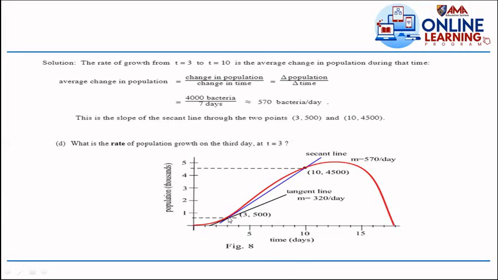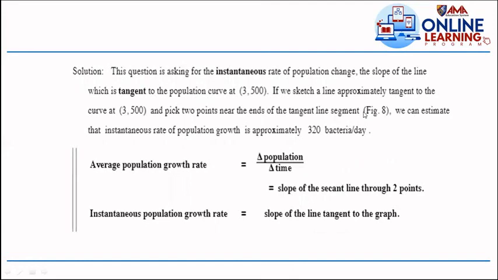Okay? Sabi dito, solution. This question is asking for the instantaneous rate of population change. The slope of the line which is tangent to the population curve at 3, 500. If we sketch a line approximately tangent to the curve at 3, 500 and pick 2 points near the ends of the tangent line segment, we can estimate that instantaneous rate of population growth is approximately 320 bacteria per day.